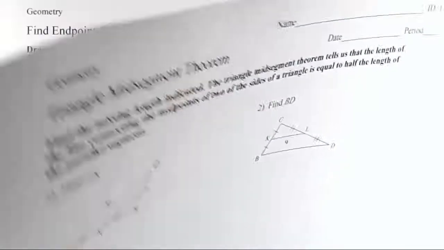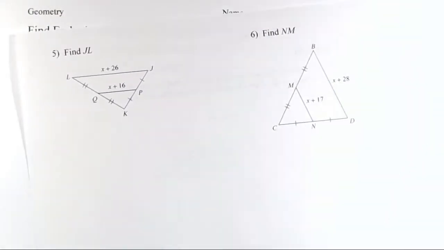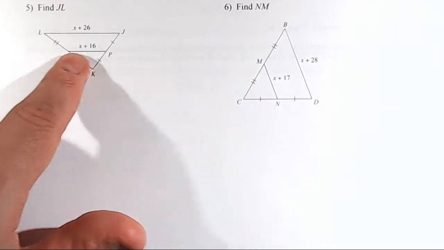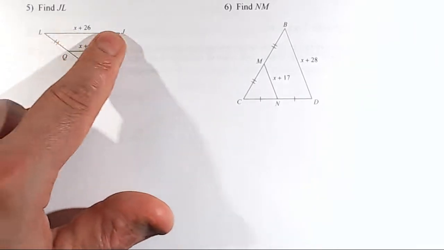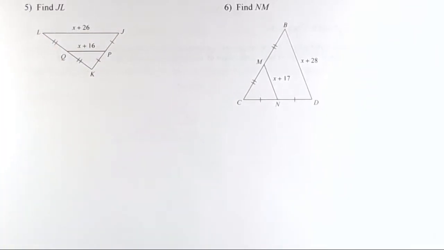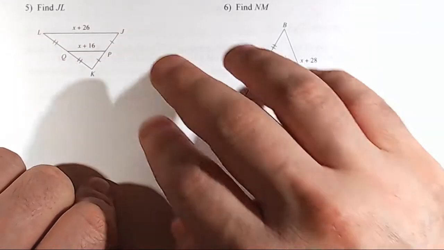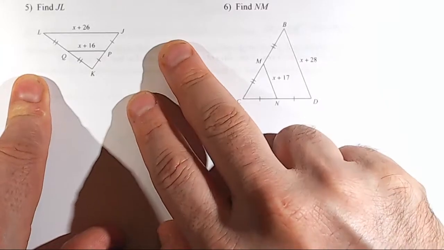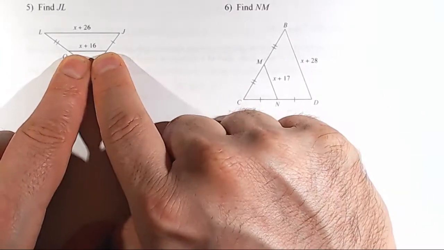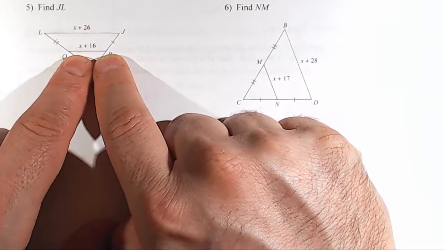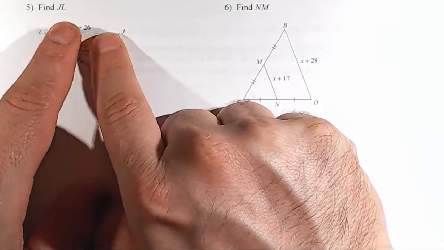Where this gets a little bit more challenging is when you replace these segments, or these distances, these triangle lengths, with algebraic expressions. But again, it's still the same basic concept. Here, x plus 16 must be 1/2 the length of x plus 26.